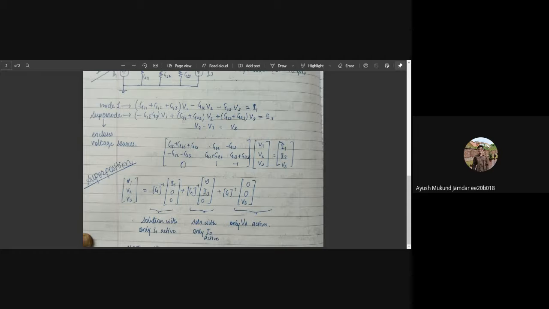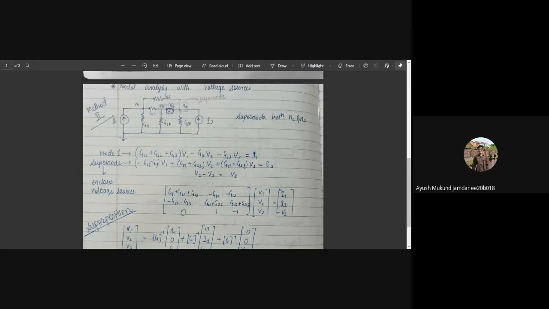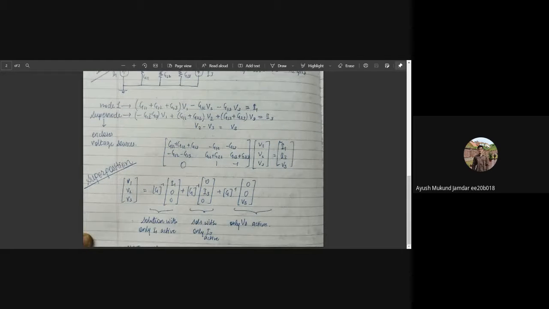So what does this mean? Actually, I3, I1 and Vs, if you see carefully, are independent sources. So these are solutions with only one of them active. Like if I make I3 and Vs 0, I should get the first part of the sum that I have given here.